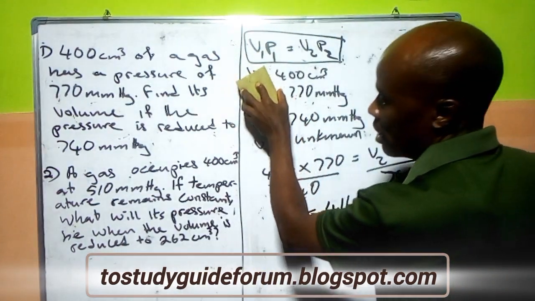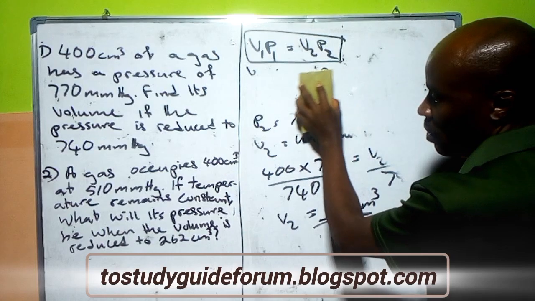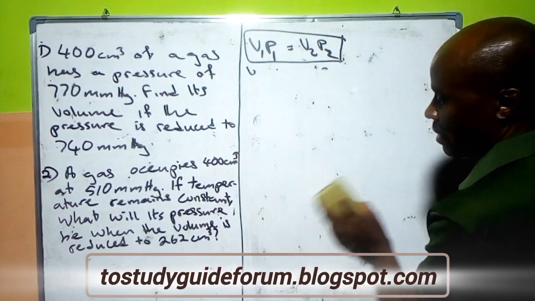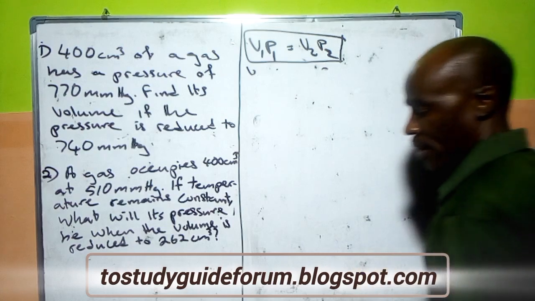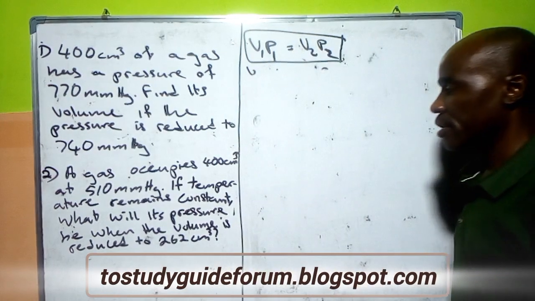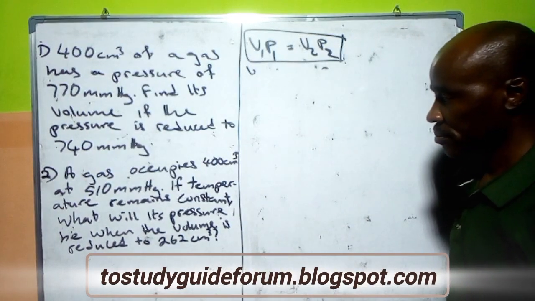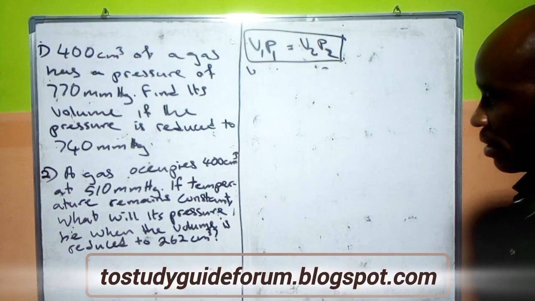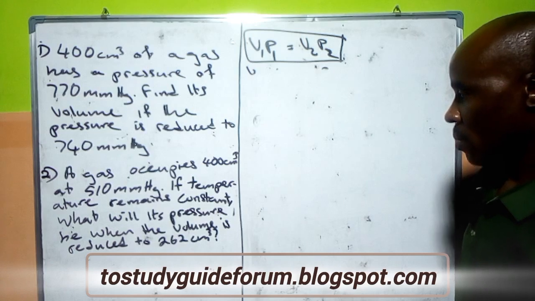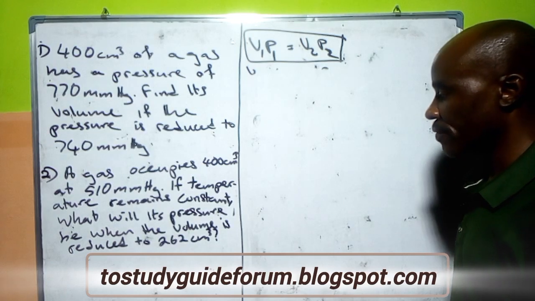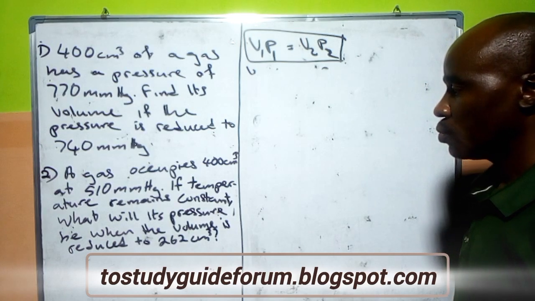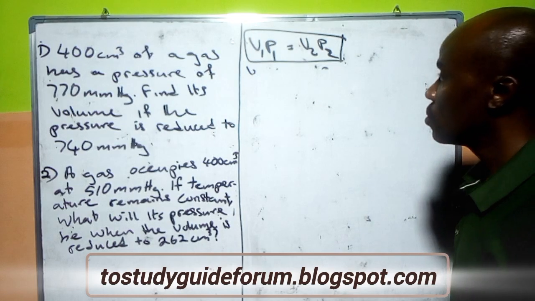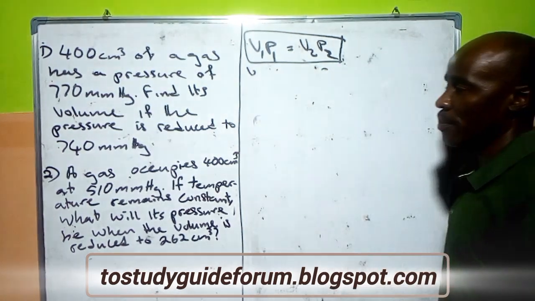The next question here says that a gas occupies 400 cm cube at 510 millimeter mercury. If the temperature remains constant, what will its pressure be when the volume is reduced to 262 cm cube? So I think we can also go by this.